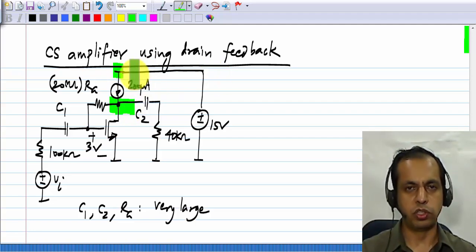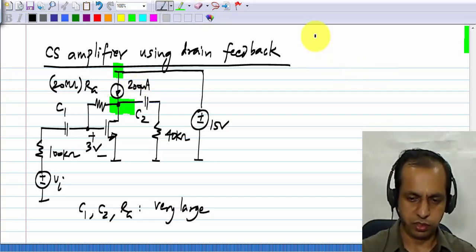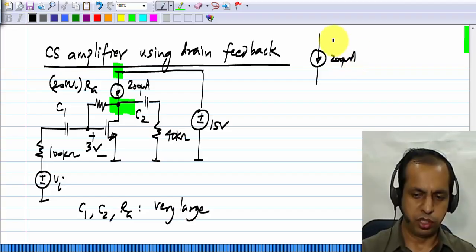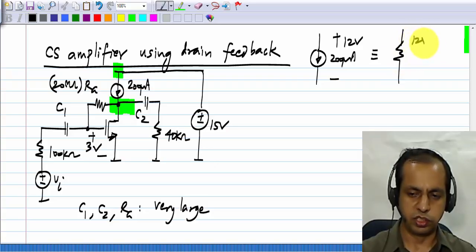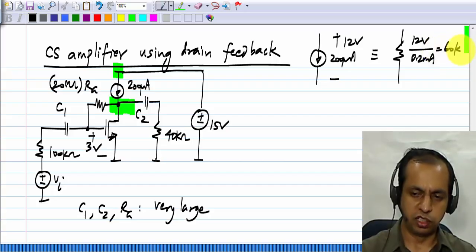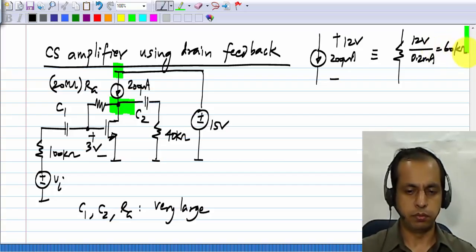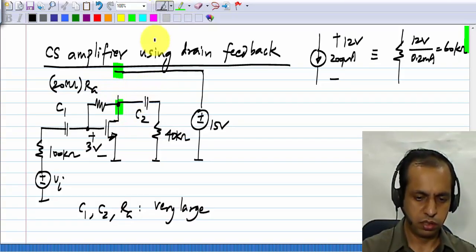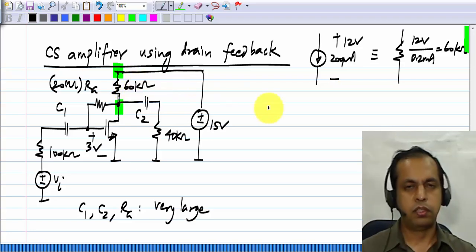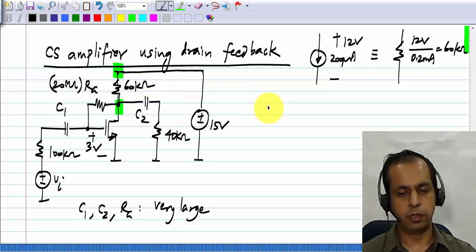So there is 12 volts across 200 microamperes, which is replaced by a resistor of 12 volts by 0.2 milliamperes, or 60 kilo ohms. So I'll do that. So 60 kilo ohms.